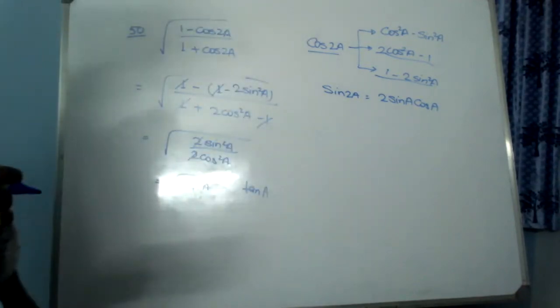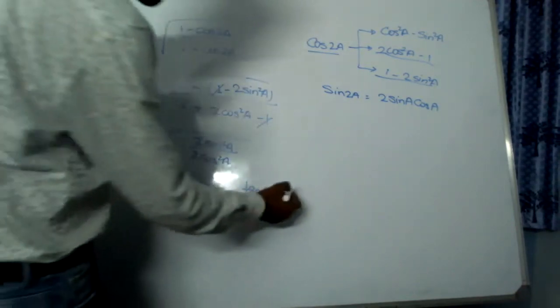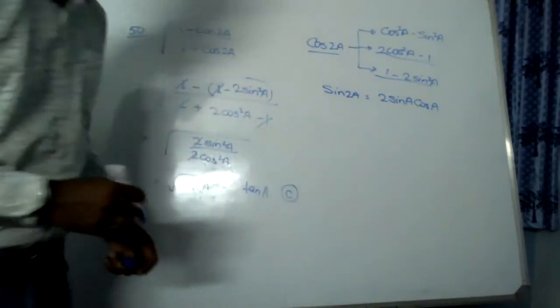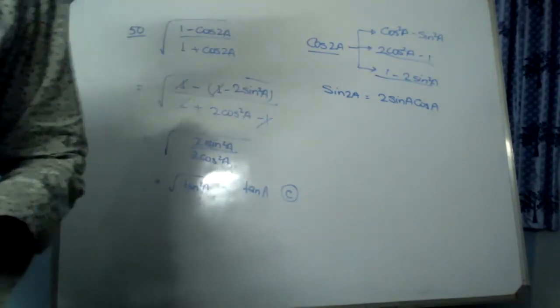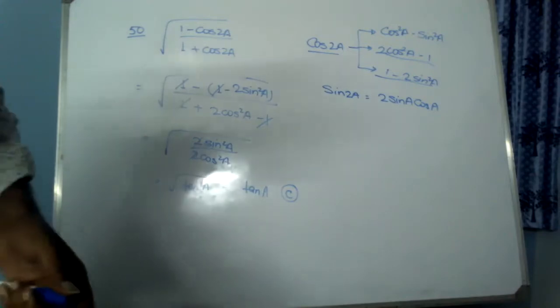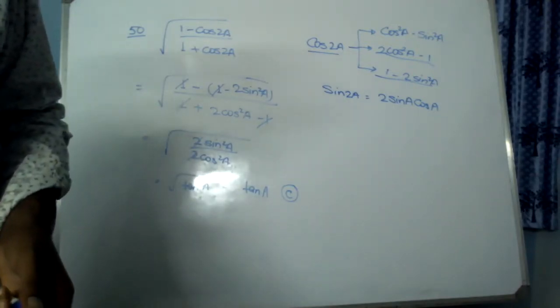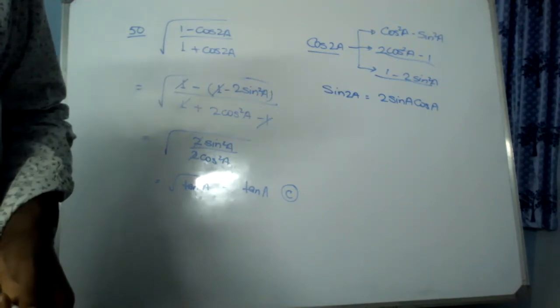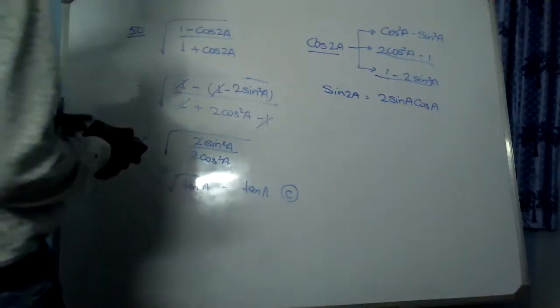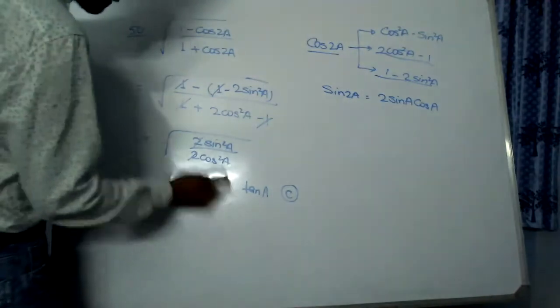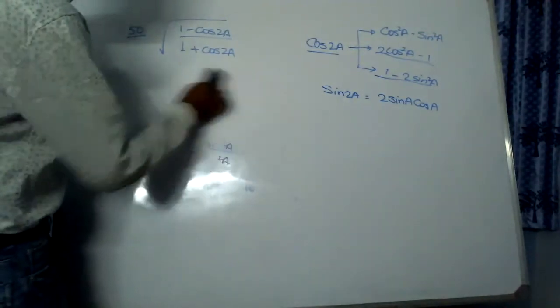So if I look at your options, option C gives me tan square a, right? So I'll go with that there. Now, so now we'll quickly move to the next question. This question is done. We used the same formula which is given on the right side of the board.